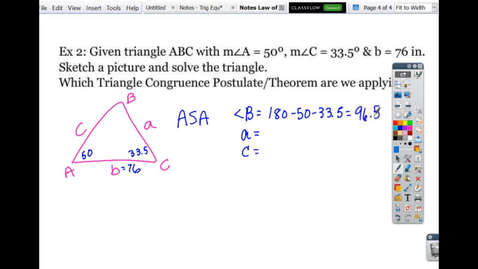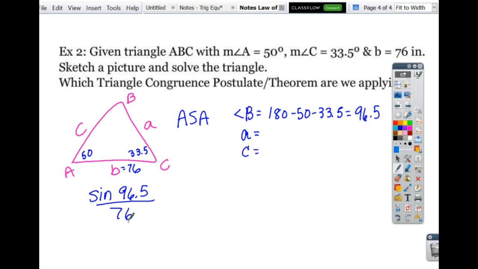Okay. So the next thing I'm going to do is use the law of sines to find side A and side C. Which one do you know both things, the angle and the side? B. So that's the one you have to start with: the sine of 96.5 over 76. Is it always sine?